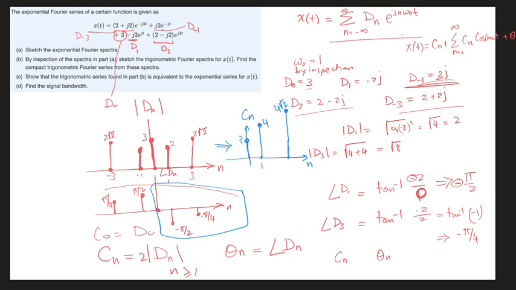And the phase, theta n, as a function of n, is 0 at 0, minus pi over 2 at 1, and minus pi over 4 at 3. That's it. This is your theta n. So that's how you can get this directly from this by inspection. Any questions?